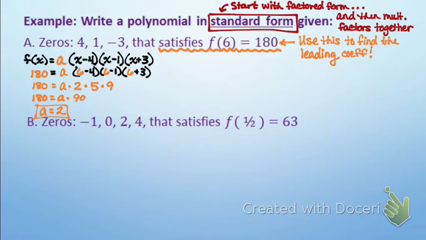Using that information, I now know that I have f of x equals 2 times x minus 4 times x minus 1 times x plus 3. So far, so good?